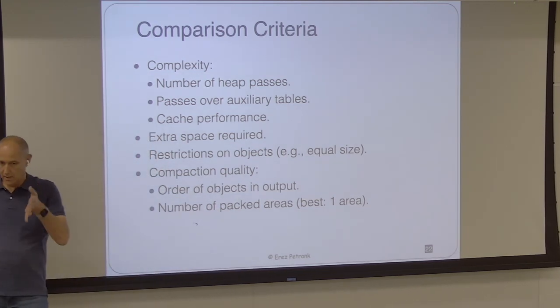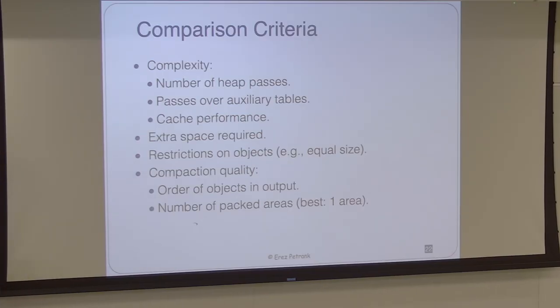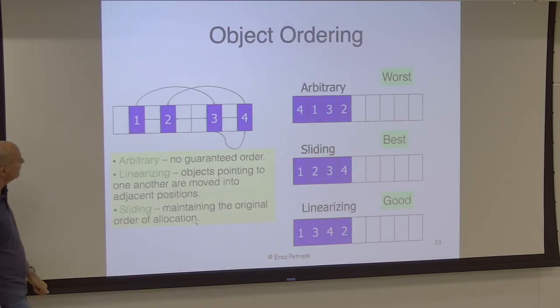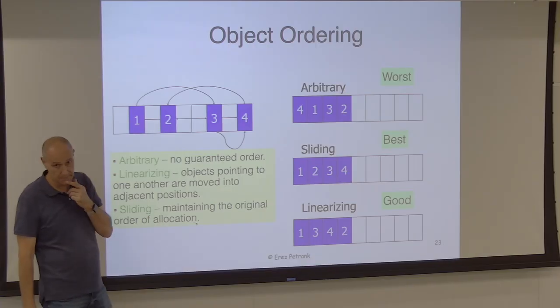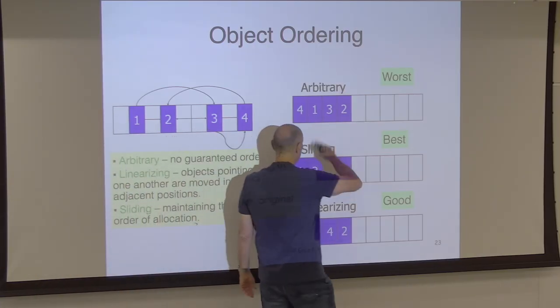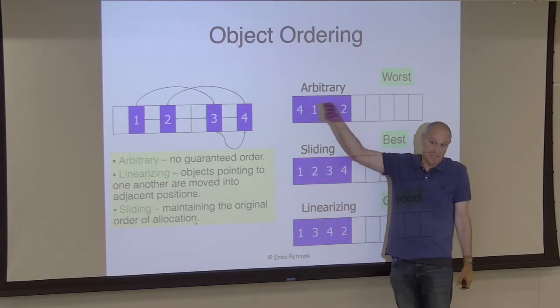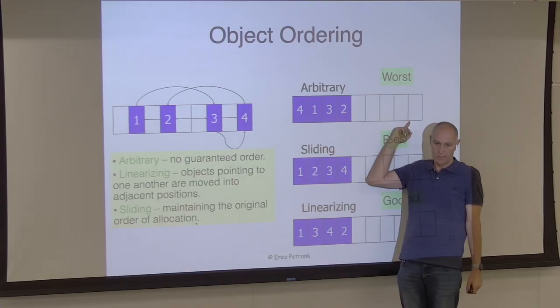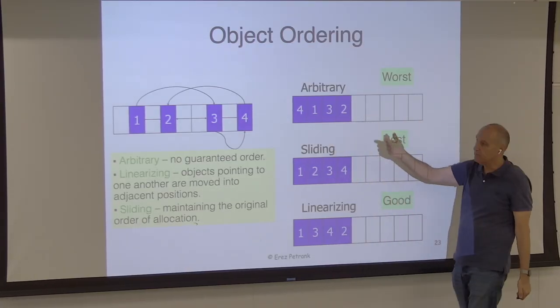All move to the left side of the heap and they are packed in the left side. So these are the things we'll consider in all of our algorithms. And in general, for object ordering, there will be 3 things that could happen. What we've seen here is arbitrary. It depends on where I found an object and where I found a hole, which is quite arbitrary.